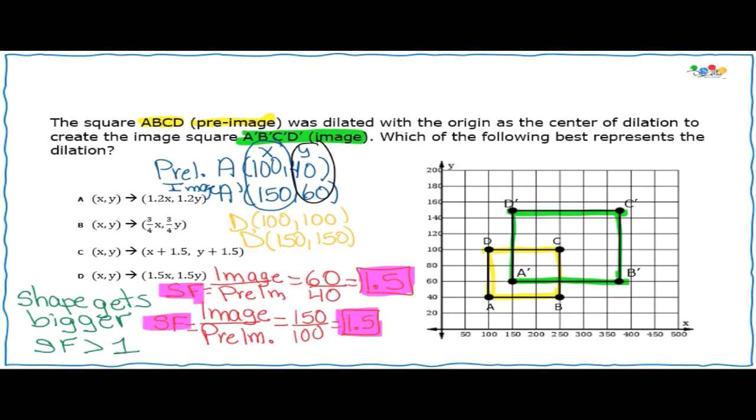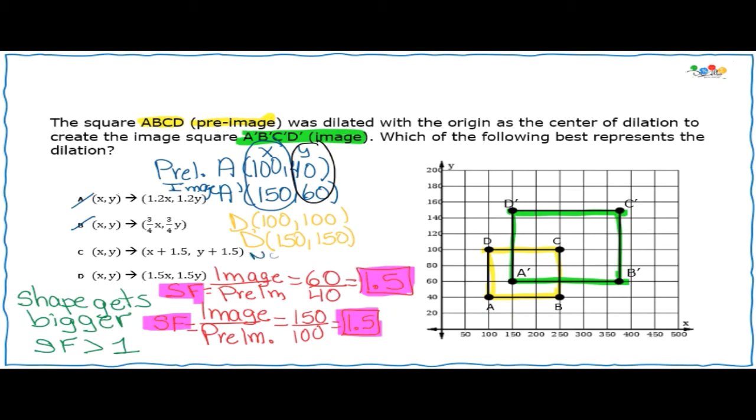Very good. So now I look at the answer choices. So it cannot be letter A because letter A has a 1.2, right? Letter B cannot be an answer because that's less than a 1. And we agree that it has to be more than a 1. So I do see C and D. So the reason why C cannot be an answer is because you are not multiplying.